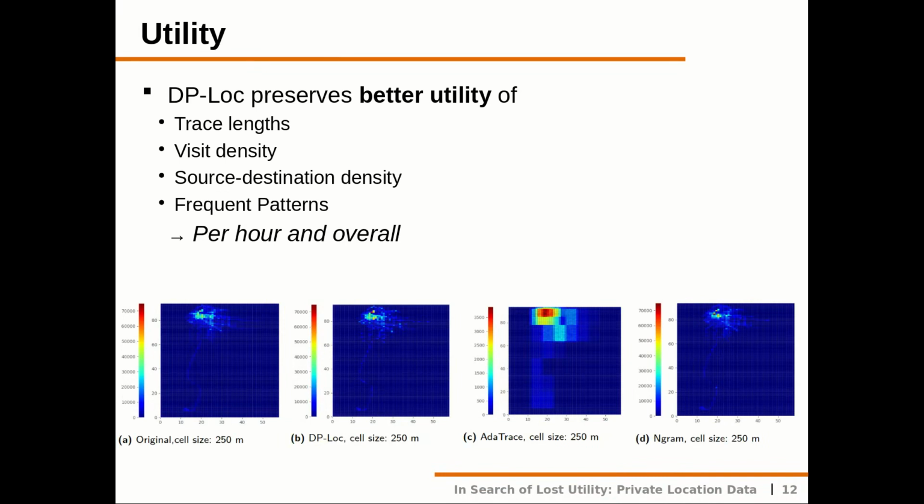And of course, we cannot compare the hourly distribution to previous models which didn't use time, but even though those showed really nice results, for the overall utility for a whole day without time information, ours still gave better results in the majority of the cases. And below you can see the visit density: the original, next to it our model, the DP model, and then another trace and the N-gram model's output.